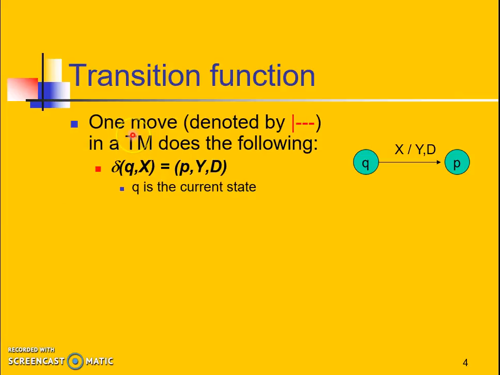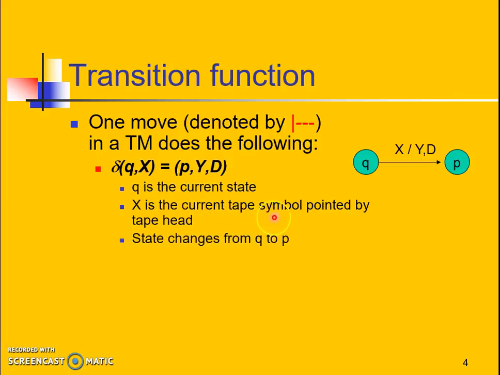The transition function in one move is denoted with this symbol. It is defined as follows: δ(q, X) = (p, Y, D), where q is the current state, X is the current tape symbol pointed to by the tape head. State changes from q to p.